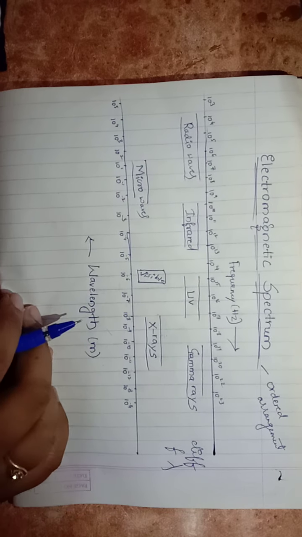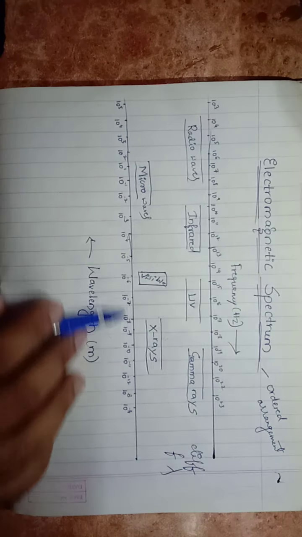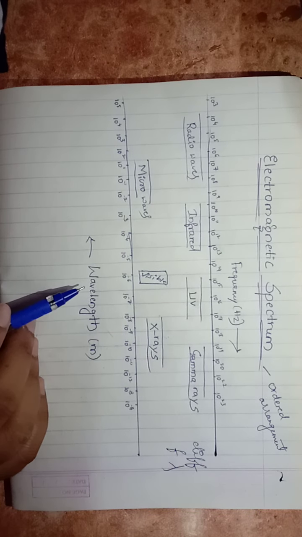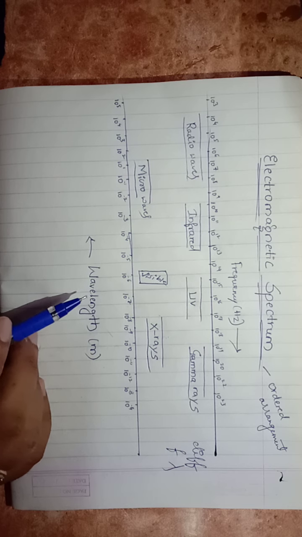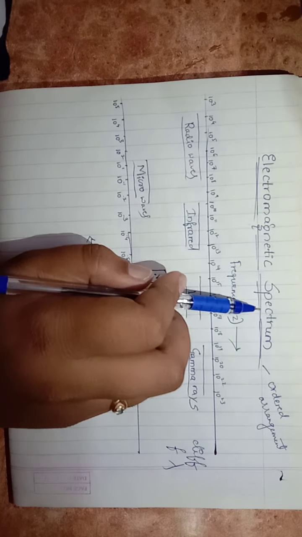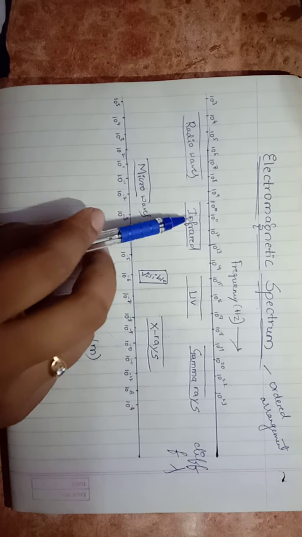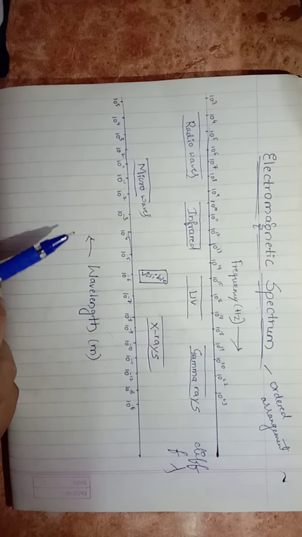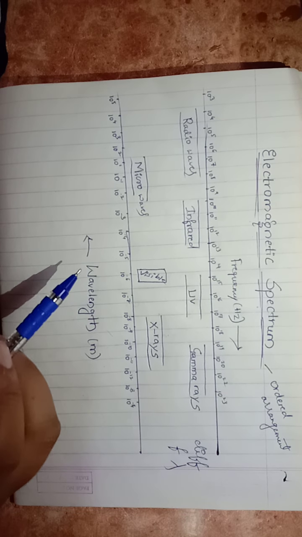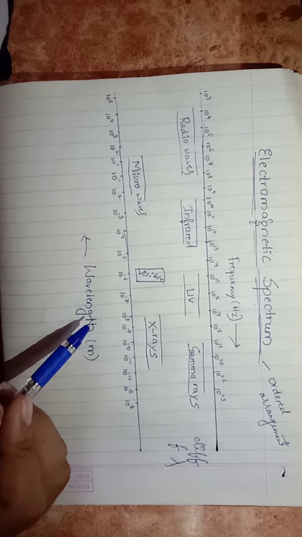That's why they are arranged in a particular order. This ordered arrangement of electromagnetic waves of different regions with different names is called the electromagnetic spectrum. Understood? And these regions do not have any sharp boundaries. So this is all about the electromagnetic spectrum.